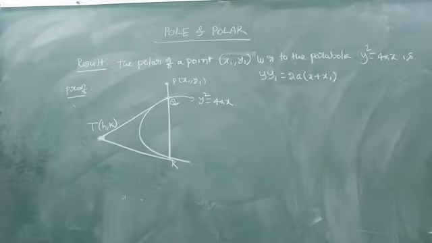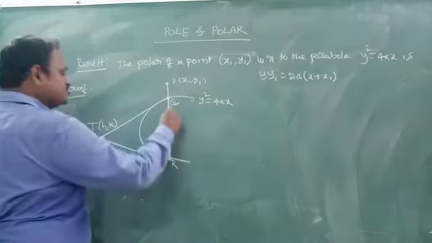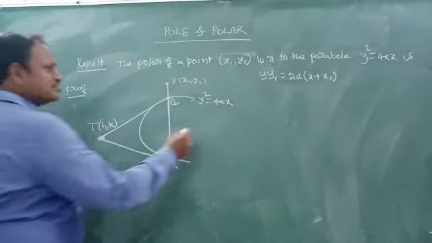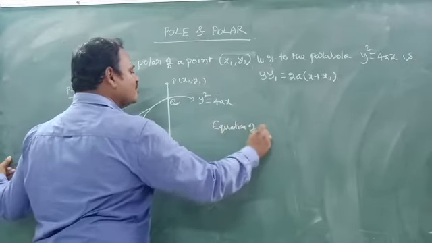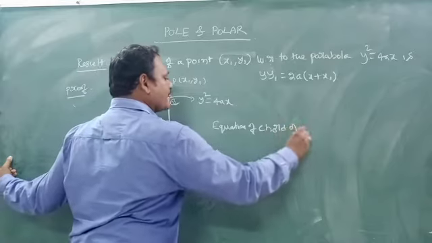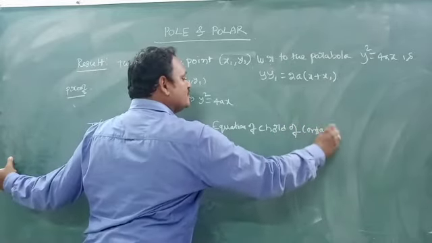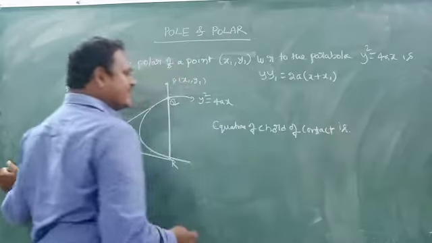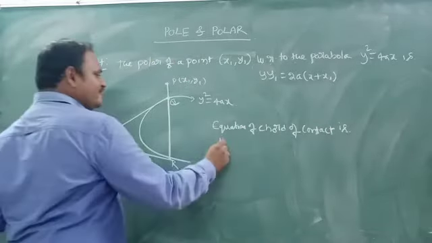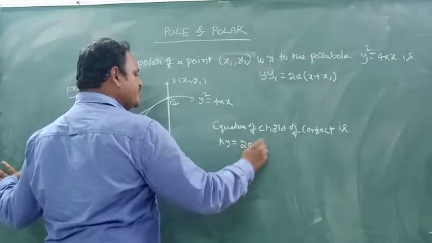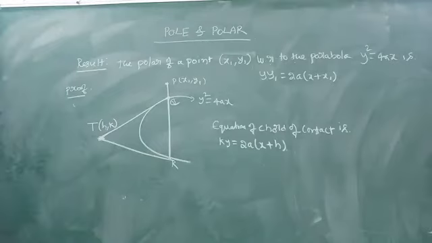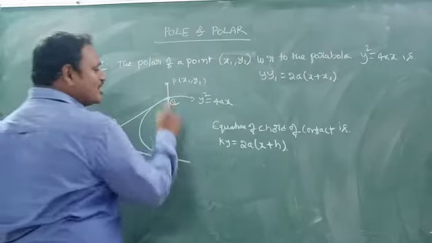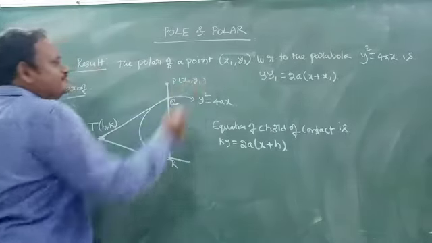Therefore, the equation of QR, you know the equation of the chord of contact, is k y is equal to 2a into x plus h. Now this chord of contact is passing through this point P x1 comma y1.